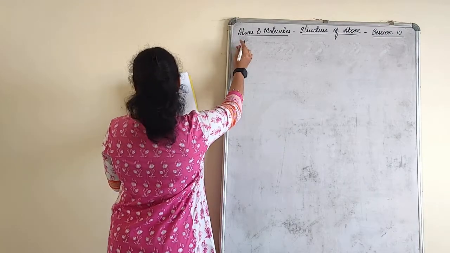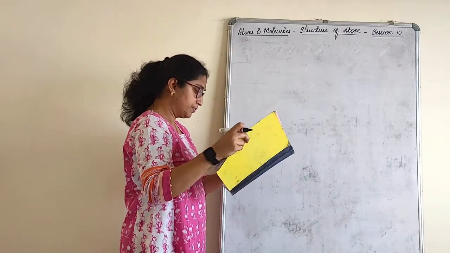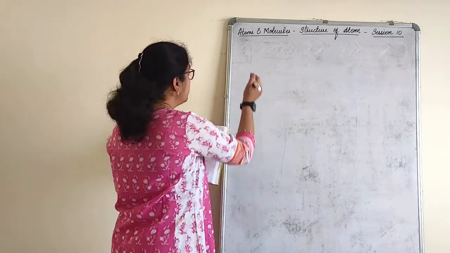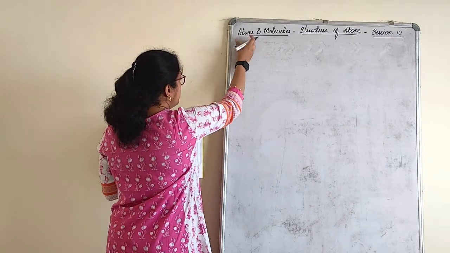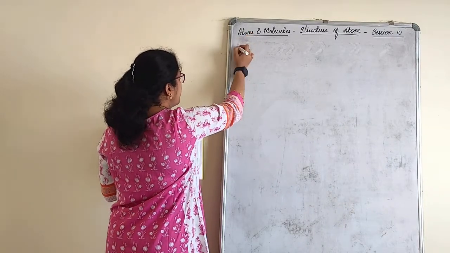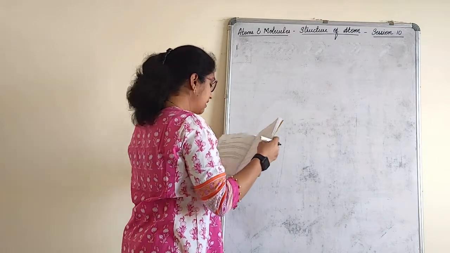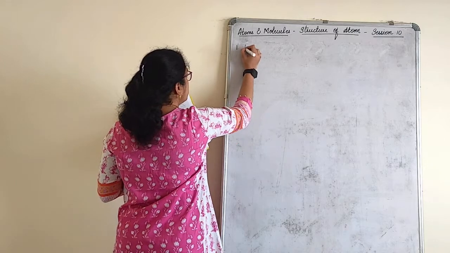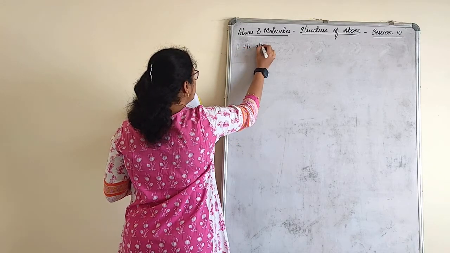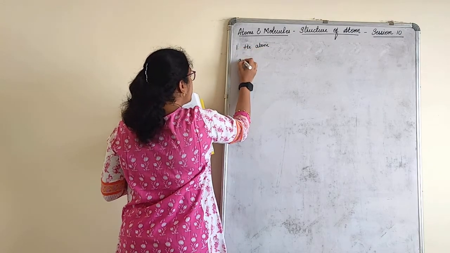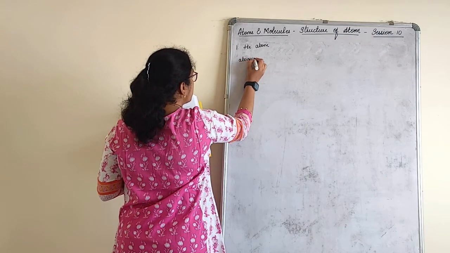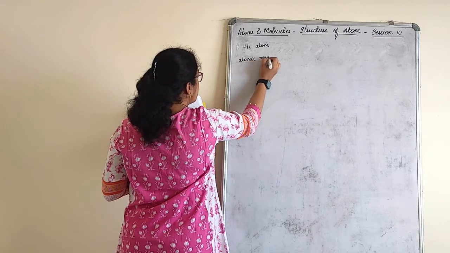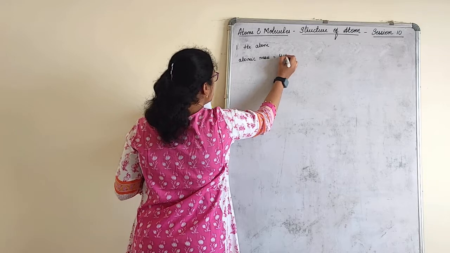It is page number 49, second one. So number wise I'll just go on writing from 1 to 3 onwards. Helium atom has atomic mass 4 unit. So this is a helium atom. Atomic mass is 4 units.